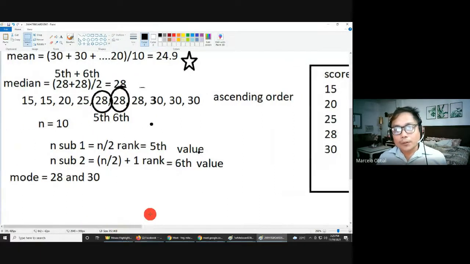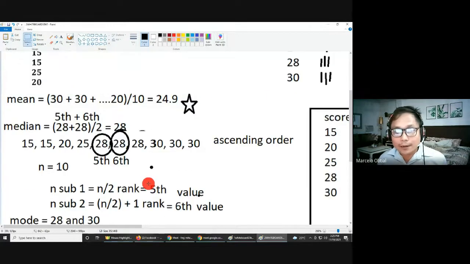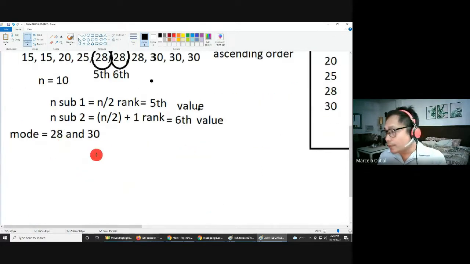The reason why I'm showing you this is that later, when I ask you what is the mean or average, your answer should be 24.9. For the median, your answer should be 28. Under mode, it should be 28 and 30.